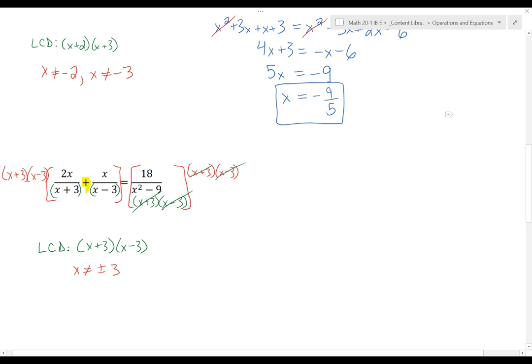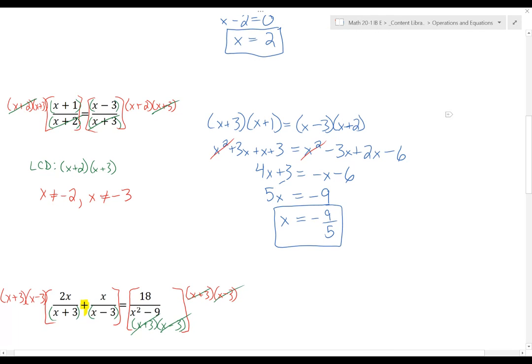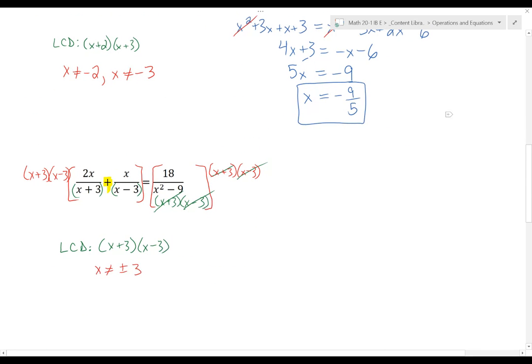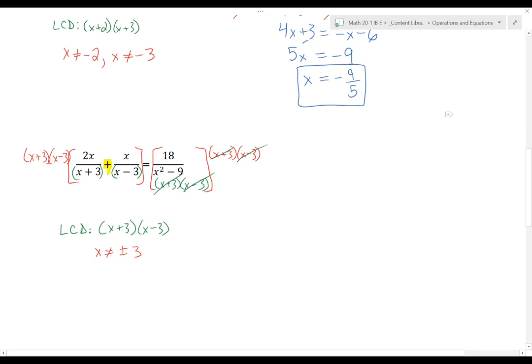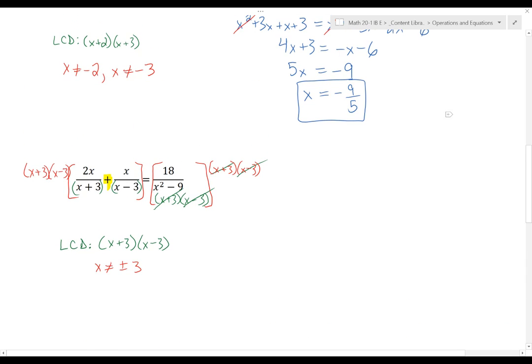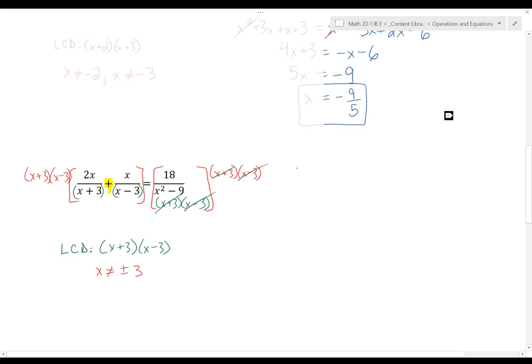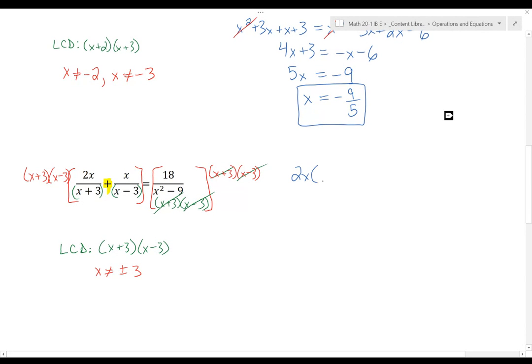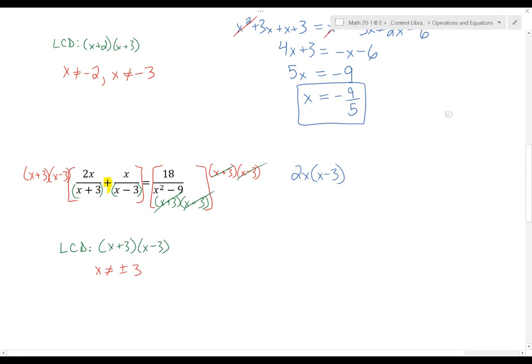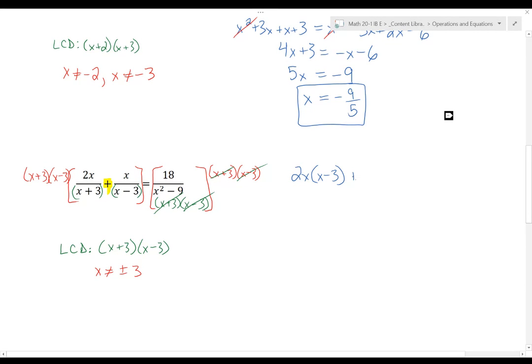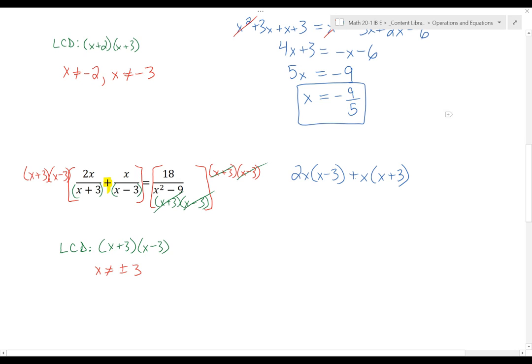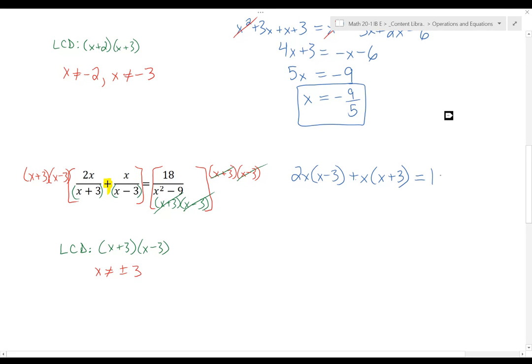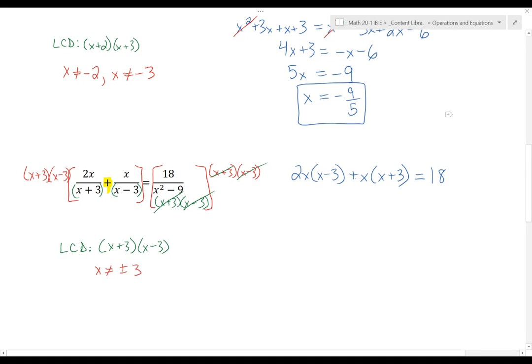So when I distribute, in the first fraction, it's the x plus 3 that's going to cancel out. And in the second fraction, it's the x minus 3 that's going to cancel. So we end up with 2x times x minus 3, because the x plus 3 has canceled, plus x times x plus 3, because the x minus 3 cancels, equals 18, because on the right, the whole thing canceled.